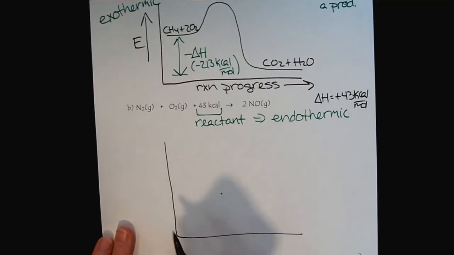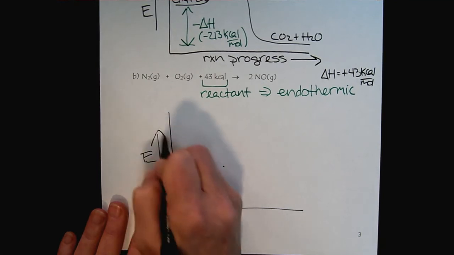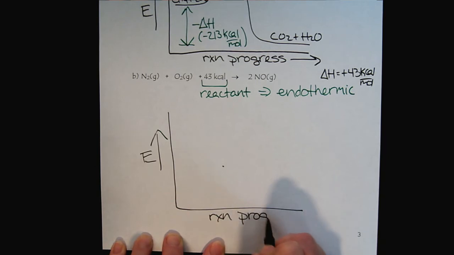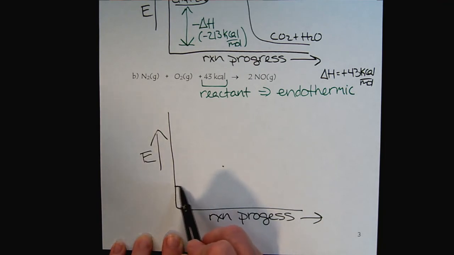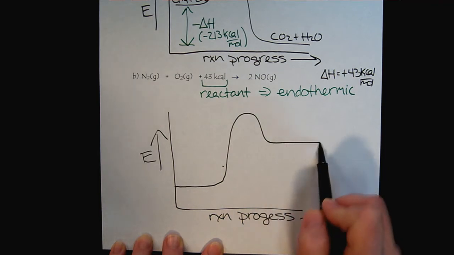All right, so our reaction energy diagram. Energy is always on the y-axis, reaction progress on the x. So this time we have to put energy in. So it means our reactants are lower in energy than our products.